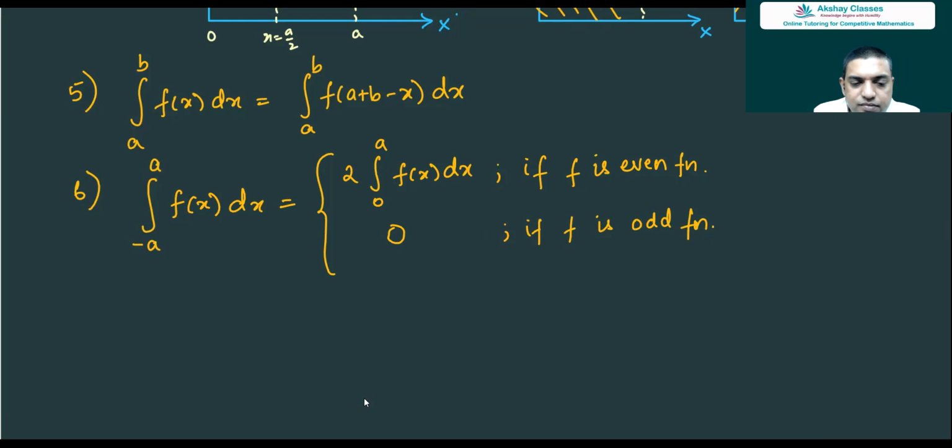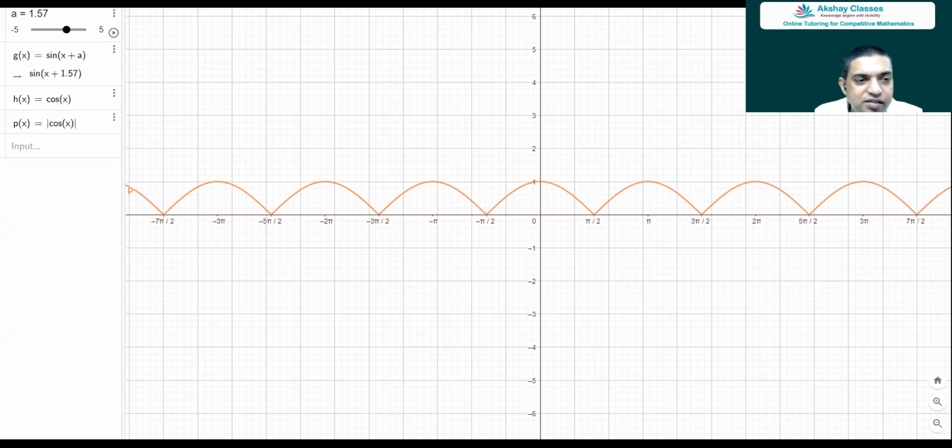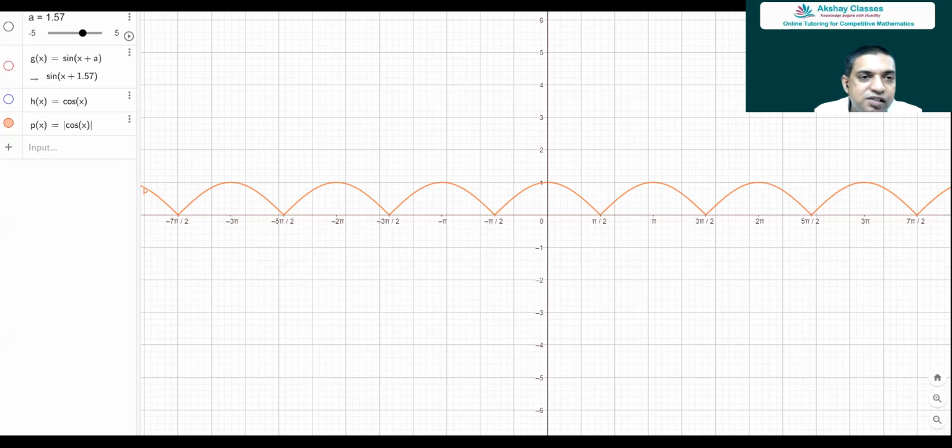Okay, so very simple. Sin x is odd, cos x is even, so we can take those examples, very straightforward.